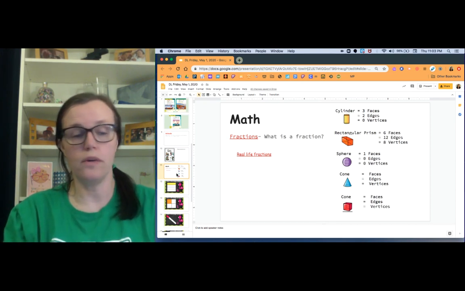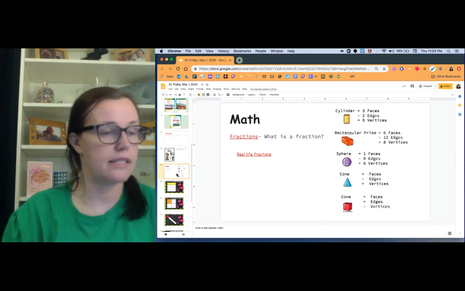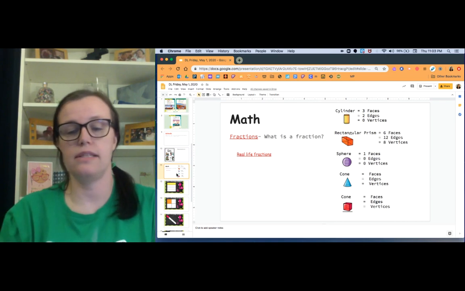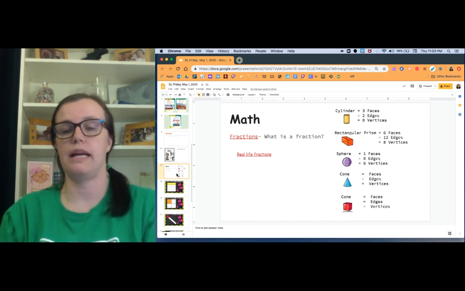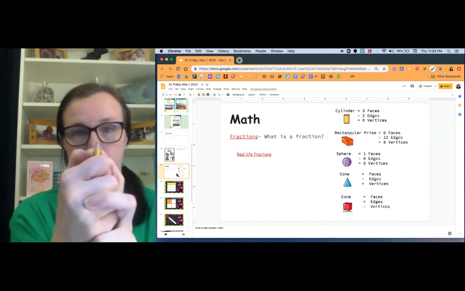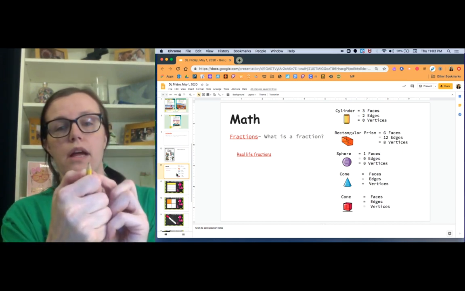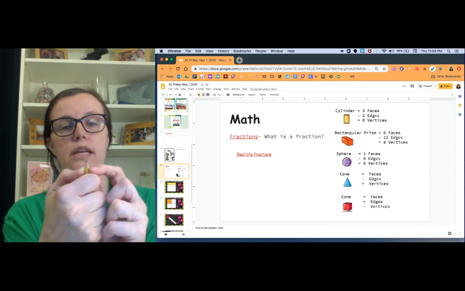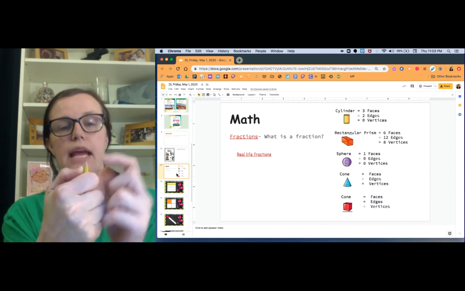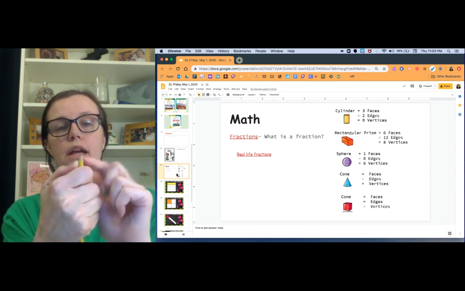We have our cone. I'm going to actually use the tip of my pencil right here. On the bottom, I have one circle face. And then I have one curved face.